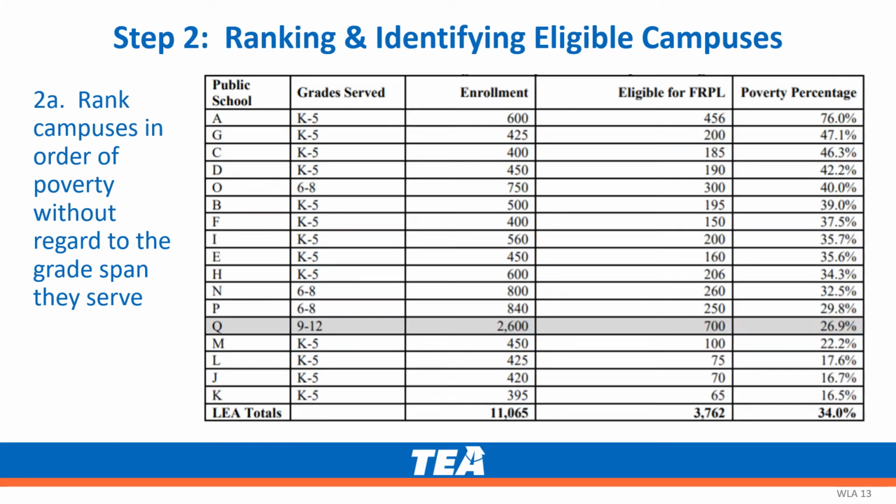In this example, the LEA included the schools listed by letter of the alphabet, grades served, student enrollment, number of students eligible for free and reduced price lunch, which is the poverty measure selected by the LEA, and poverty percentage. The LEA sorted this listing by poverty percentage, ranking the campus with the highest poverty percentage at the top and the campus with the lowest poverty percentage towards the bottom.